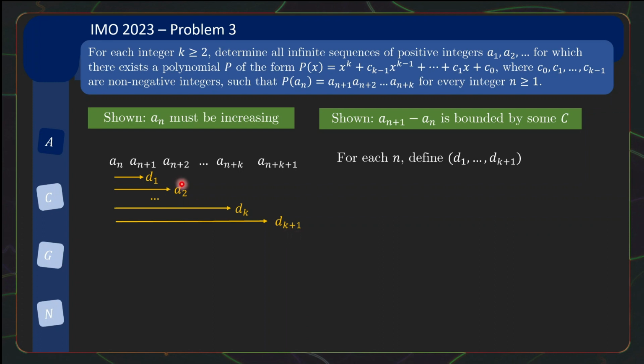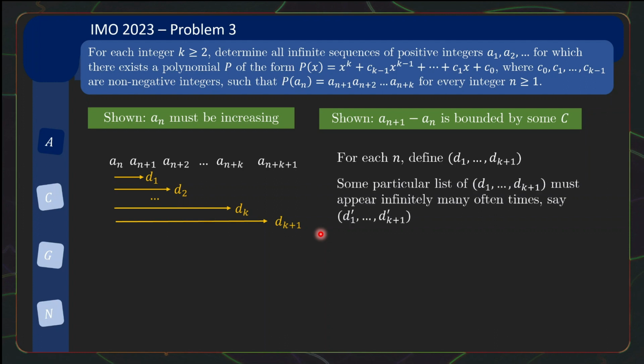The thing is that each of these differences, as I mentioned earlier, are bounded: d_i is bounded by ic. So there's only finitely many possible appearances of what this difference list can look like. So in particular, some list must appear infinitely many times. Say this list is one of the lists that appears infinitely many times. I'm going to call any of those infinitely many values of n that give this list a boring n.